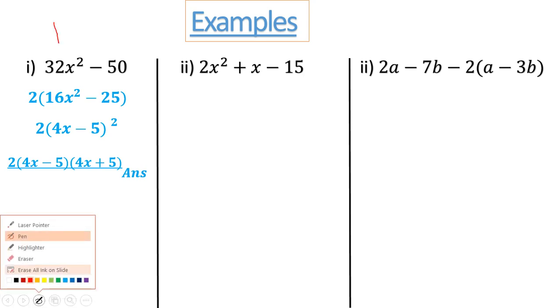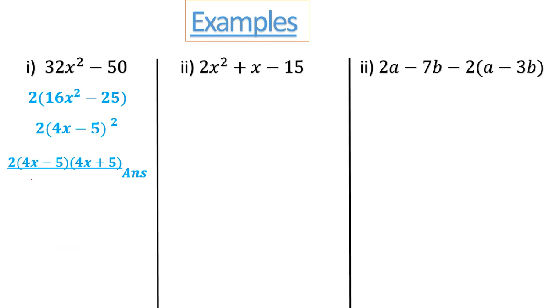For instance, let me give an example: you can have 1 over 2x squared minus maybe 1 over 50. It can be in fraction form like this. It's fine, it is still the same thing. Next time we're going to look at how to handle difference of 2 squares that are in fraction form. For today, just like that.